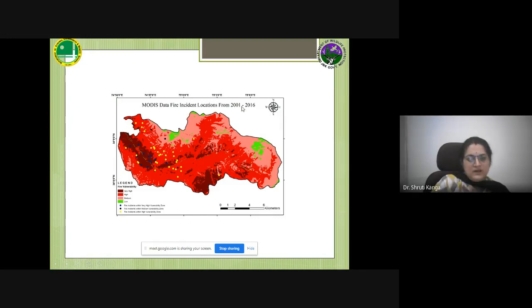From MODIS data, that data has been extracted and plotted over the areas of different intensities.